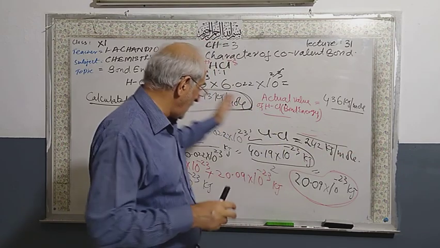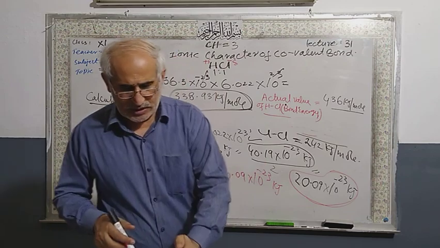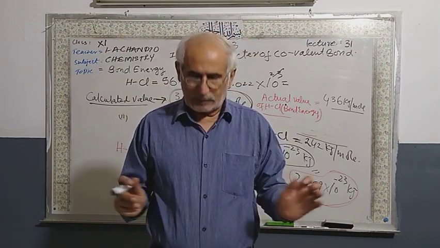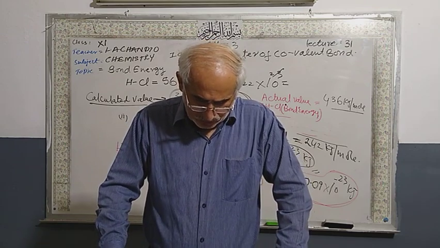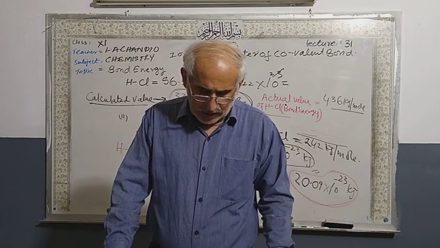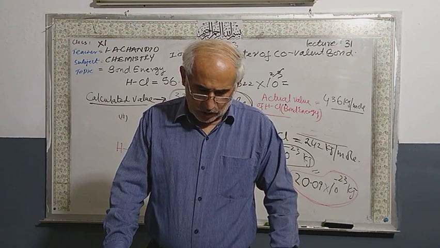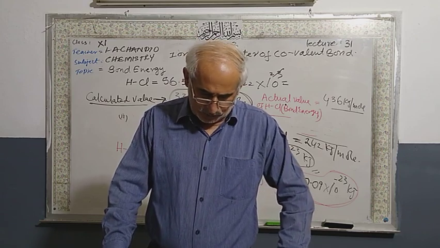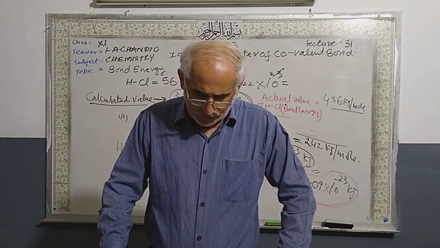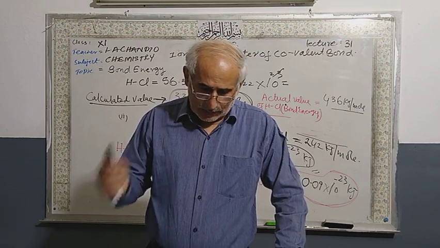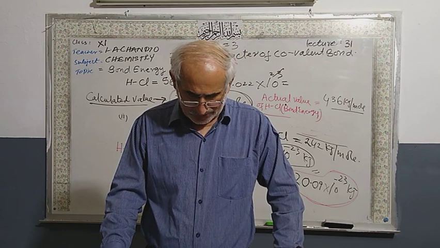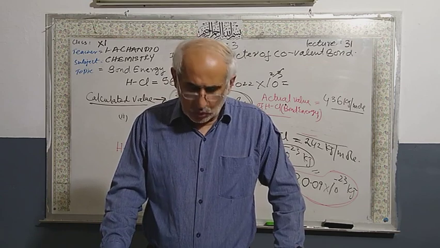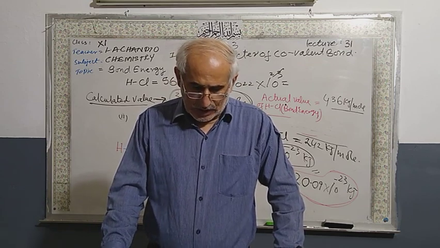bond energies, as I told you. This calculation is given here in this table. For hydrogen fluoride, fluorine only, it is 293.